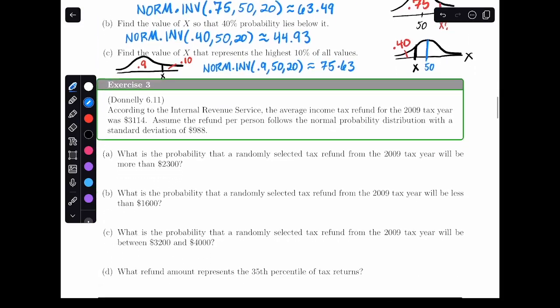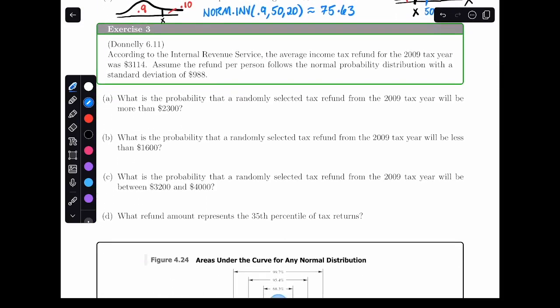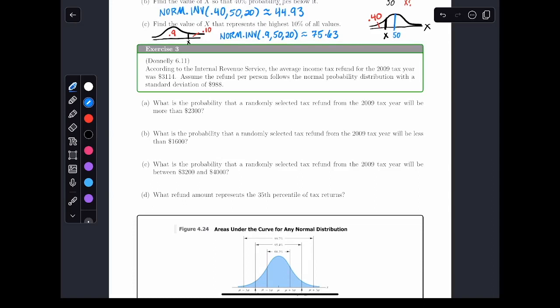Now let's see how we could use these tools to do a more real-world example. In exercise 3, it says, according to the IRS, the Internal Revenue Service, the average income tax refund for the 2009 tax year was $3,114.